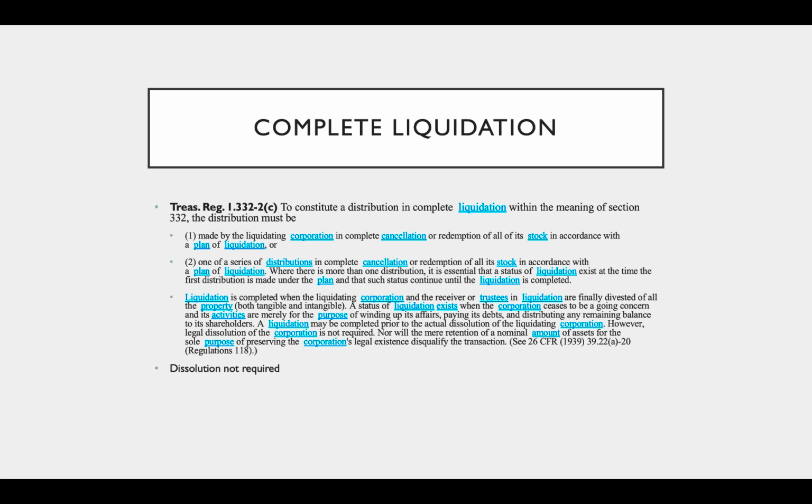The liquidation may be completed prior to the actual dissolution of the liquidating corporation. Dissolution is a state thing. I file an article of dissolution with the Secretary of State of whichever state in which I am incorporated. The tax liquidation and the state dissolution don't have to coordinate. The dissolution does not have to happen before a complete liquidation can occur.